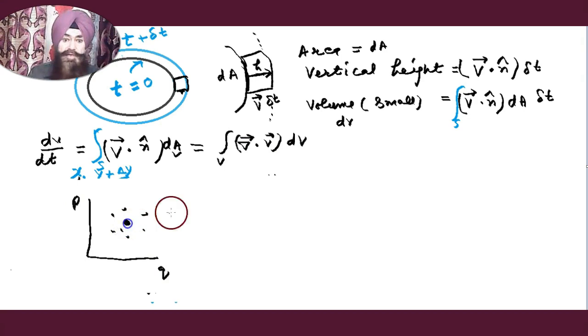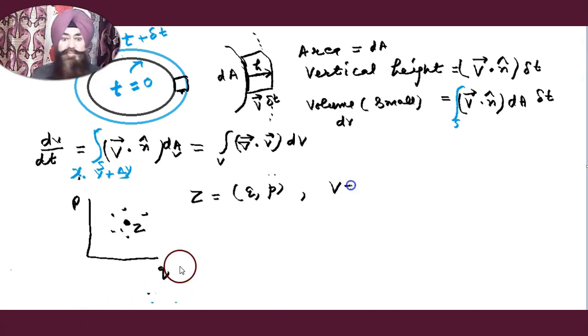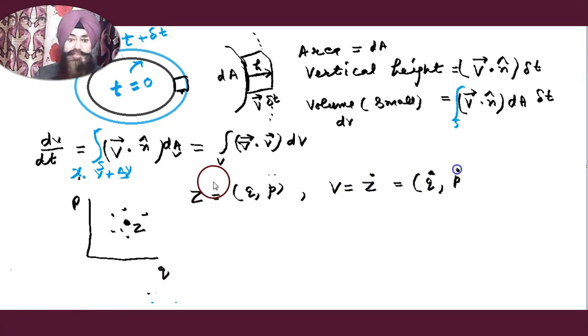Now this is again Q, meaning position, and momenta, the phase space, and there is a point Z in the phase space. Z is characterized by Q and P, position and momenta. And what is the velocity of this point Z in the phase space? Velocity is Z dot.